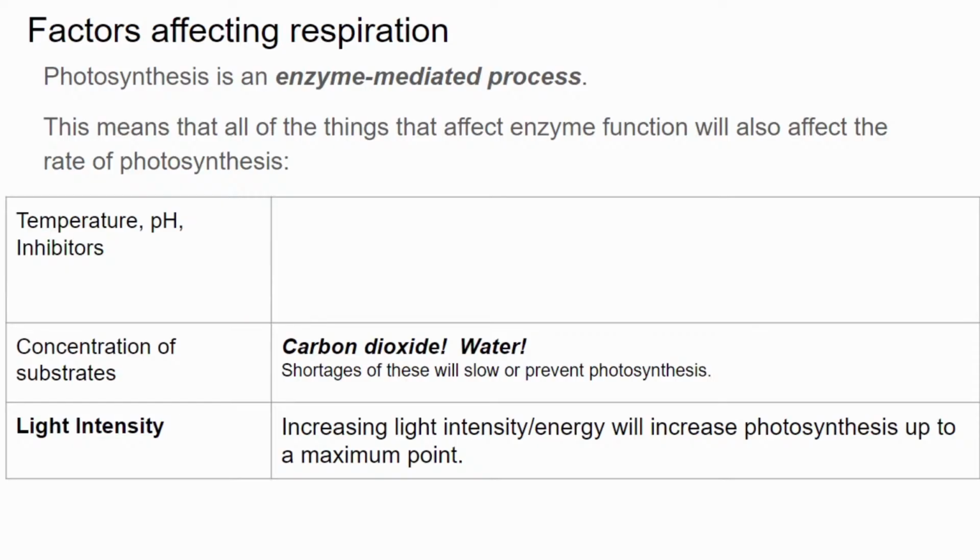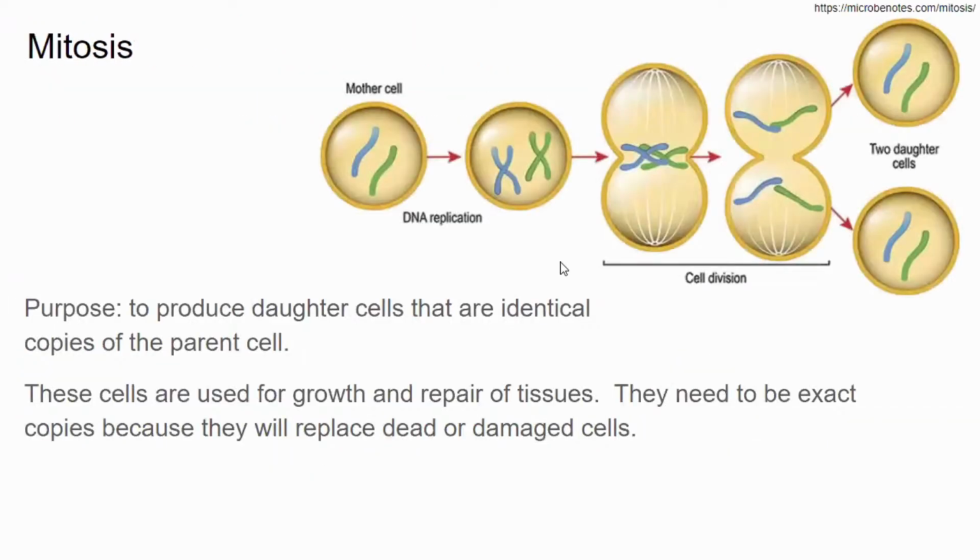If we increase light intensity, or increase the amount of energy that our chlorophyll is able to absorb, this will increase photosynthesis. But again, it's up to a maximum point. There will be a maximum point at which photosynthesis could occur, beyond which you can increase the light intensity all you like, but the rate of photosynthesis is not going to increase beyond that point. Okay.